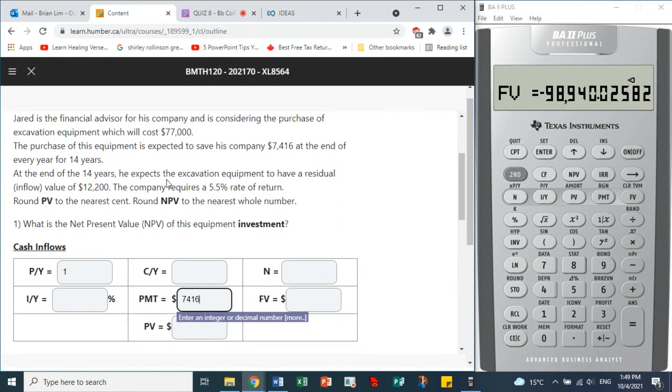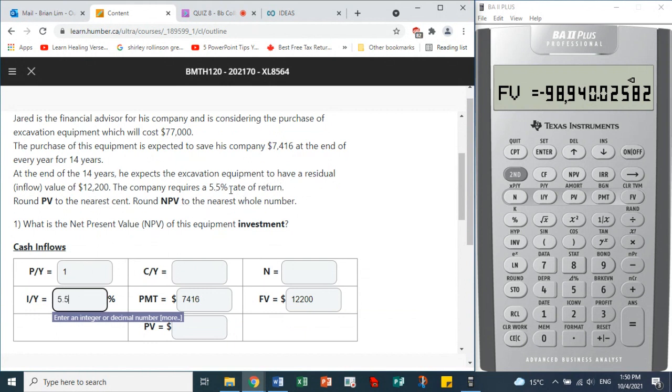At the end of the 14 years, the company expects the evacuation equipment to have a residual value of 12,200. Now that is the future value. So 12200. And the rate of return is 5.5%, so we will put 5.5 for IY. And what else is there?